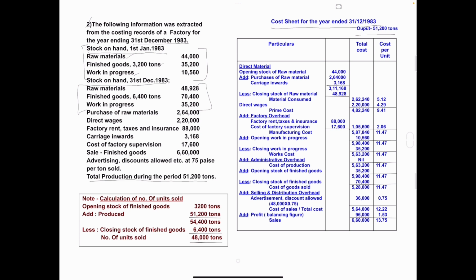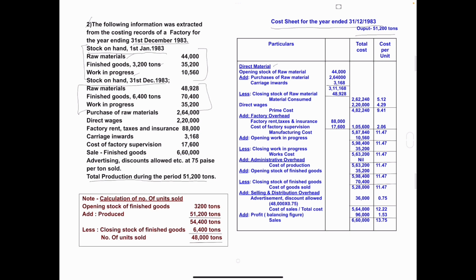So in cost sheet, first we have to take information related to raw material, that is opening stock of raw material, add purchases or any expenses related to purchase of raw material, and then we have to less closing stock of raw material to get the material consumed. So first I have written here material consumed.